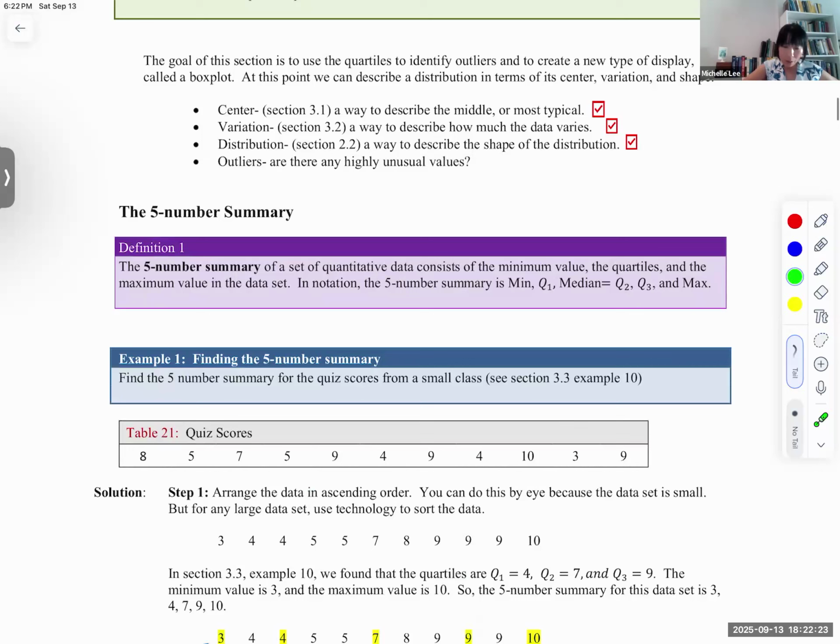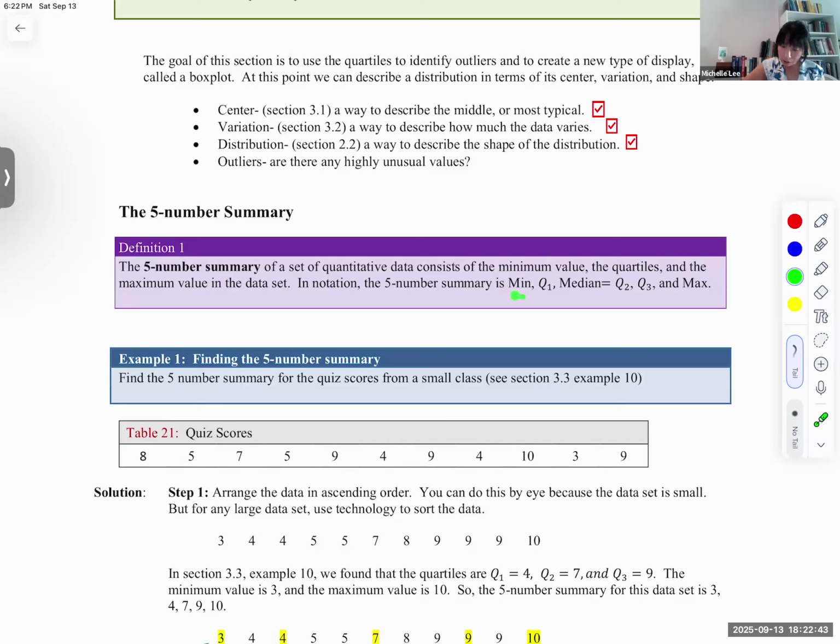Okay, so the 5-number summary. From the quartiles, we include 2 more numbers. So from the quartiles, we have Q sub 1, Q sub 2, Q sub 3, then we add the minimum and maximum.